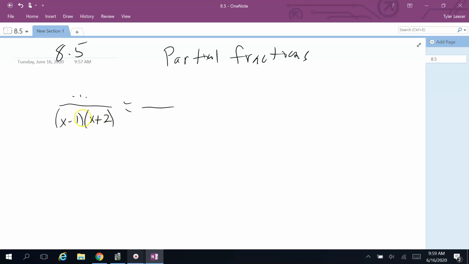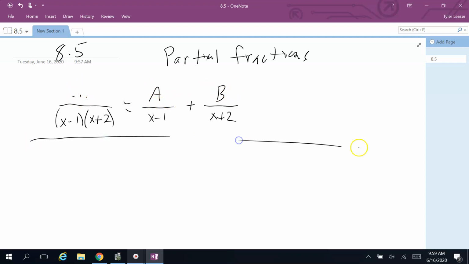To do that, each one of your linear factors is going to get its own fraction. So we're going to have a fraction for x minus 1, and then separately we'll have a fraction for x plus 2. Because these are linear terms in the bottom, they're just going to get constants up top, so constant A and constant B. All right, from here, we would have to figure out what the A and the B is. That depends on what the numerator is, and I'll show you how to do that once we get into some examples.